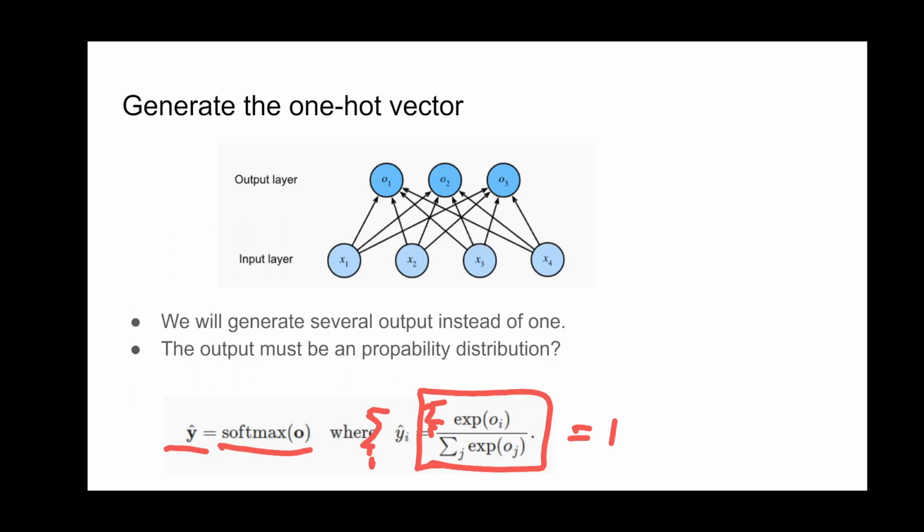It just means that the 0.6 is more likely to be the answer compared to the value of 0.3.